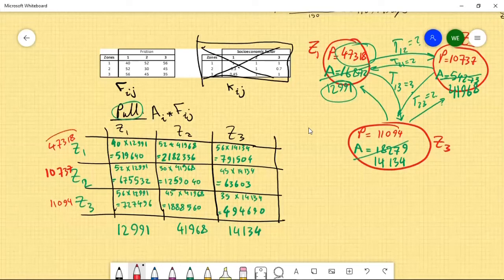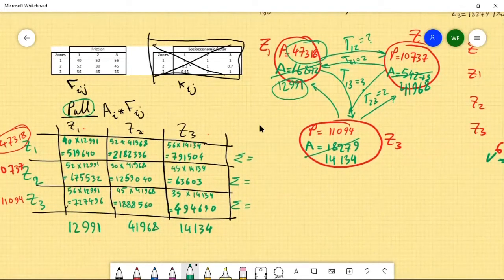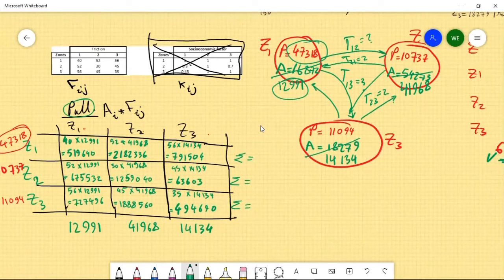out of, how these trips will distribute to zone 1, to zone 2, to zone 3. We need to make a summation for this. So the summation for this will be... ممكن حد يعمل summations يا شباب؟ The first one, Doctor.